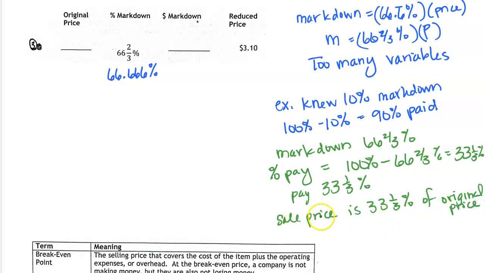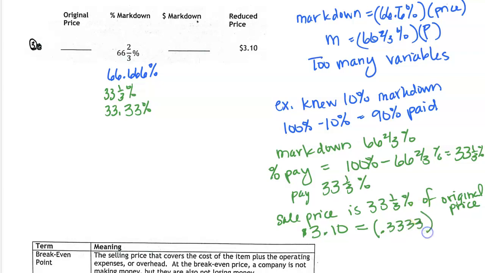Our sale price, we do know that was given to us as $3.10, is equal to, changing 33 1/3%, think of 33 1/3% as 33.333333 repeating. So as a decimal, that would be 0.3333.